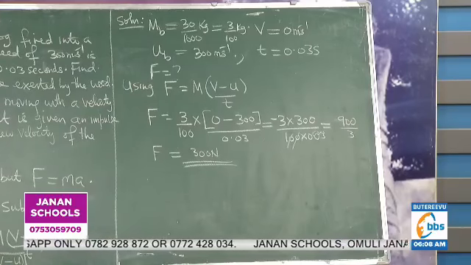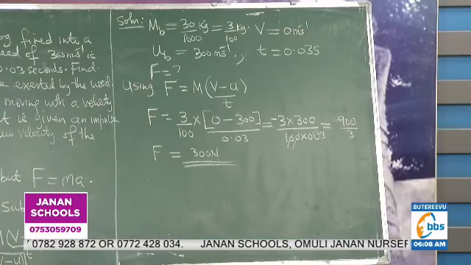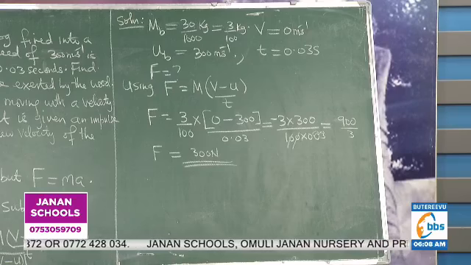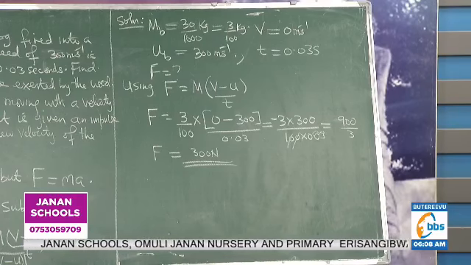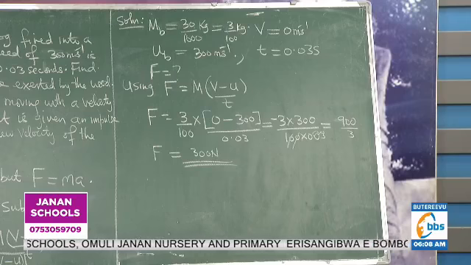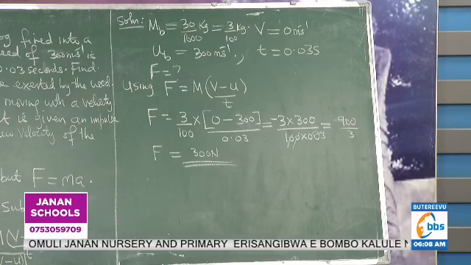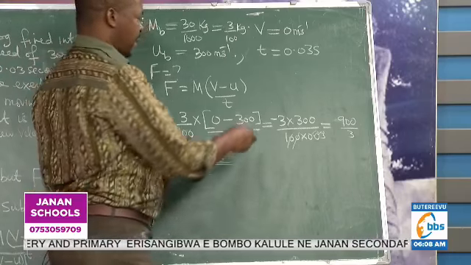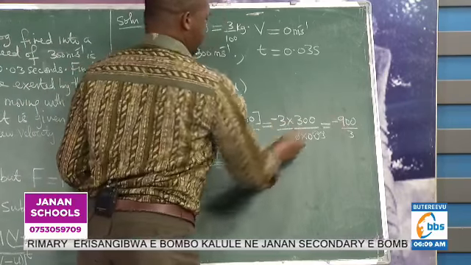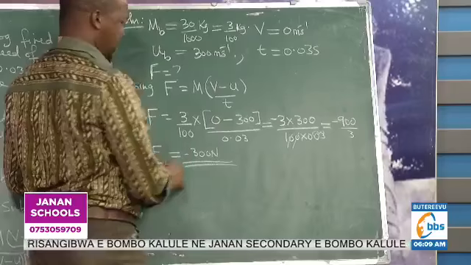The resistance, or what we have called the average resistance, will be 300 newtons. The negative value here can be ignored by taking the magnitude.